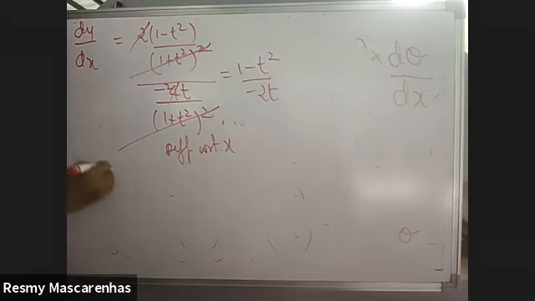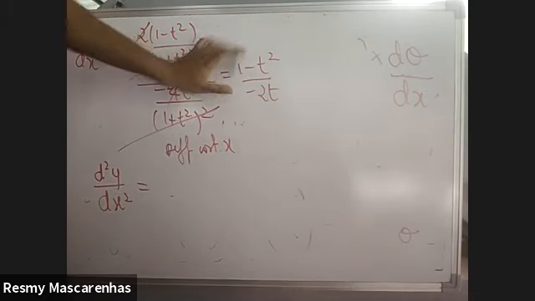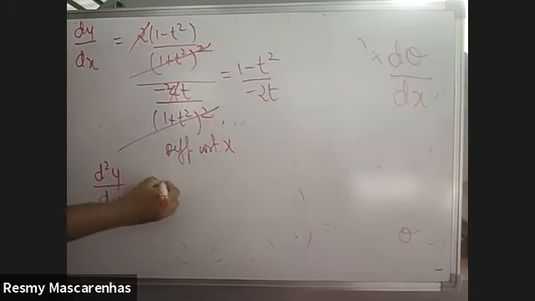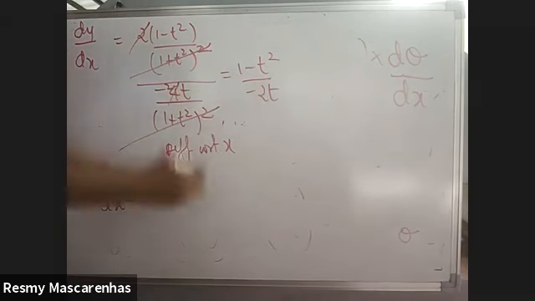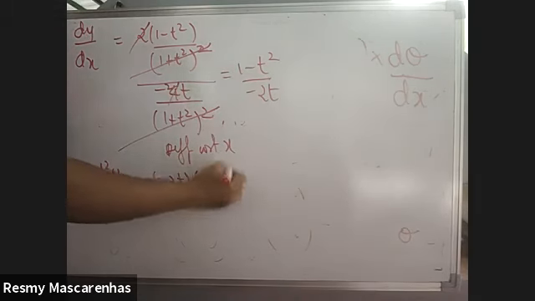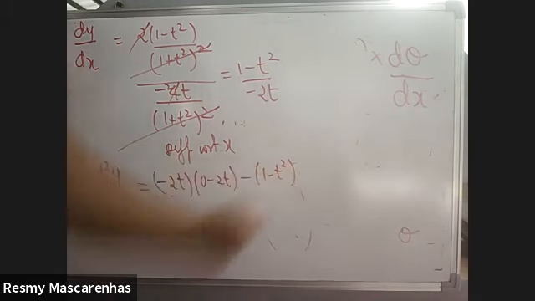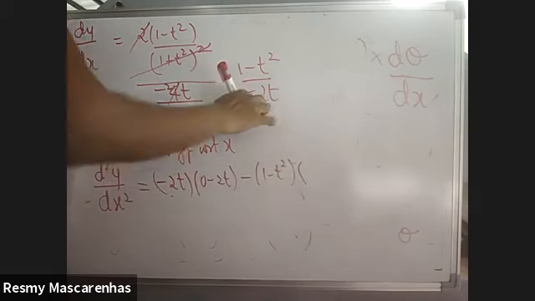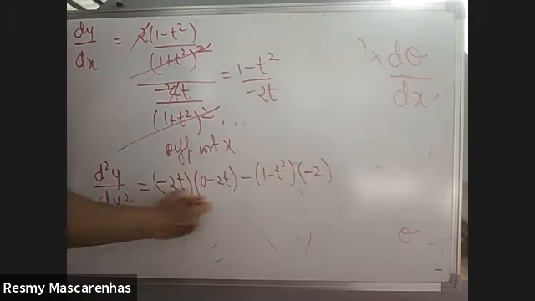So this will be d square y upon dx square, which will be equal to v into derivative of u. Again, you have to find the derivative. So upon v form, v is minus 2t into derivative of this. Middle sign is minus into derivative of minus 2t will be minus 2.